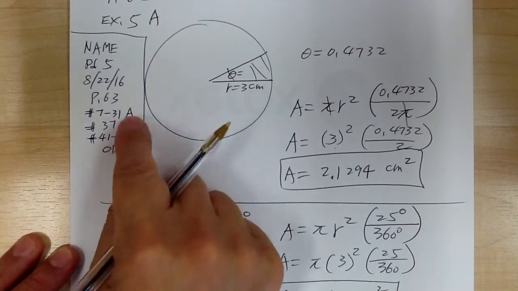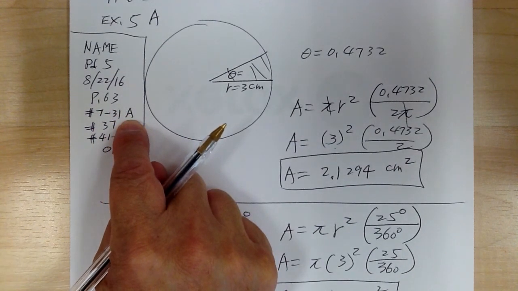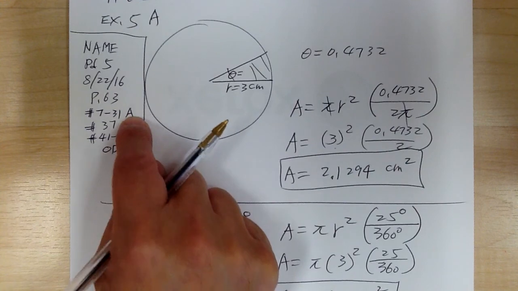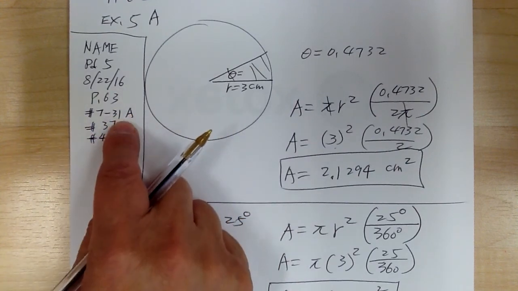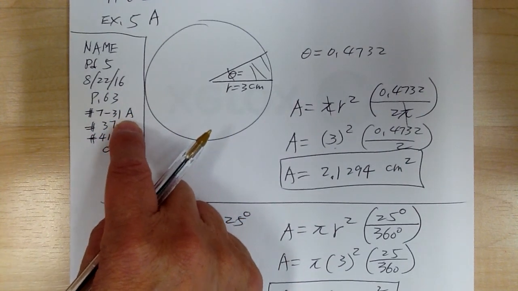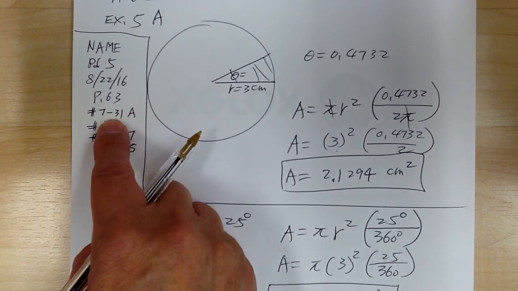So do odds only. Notice you have parts A, B, C, D. Only do part A, don't do B, C, D. Whenever you see parts A, B, C, D, just do part A. And again, all these are odds, and that's it.